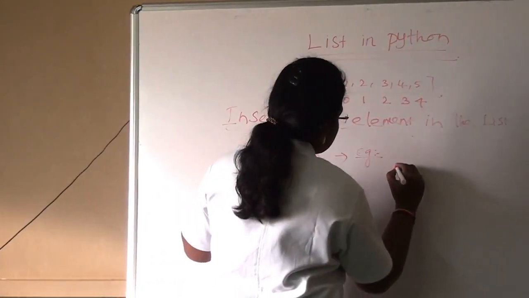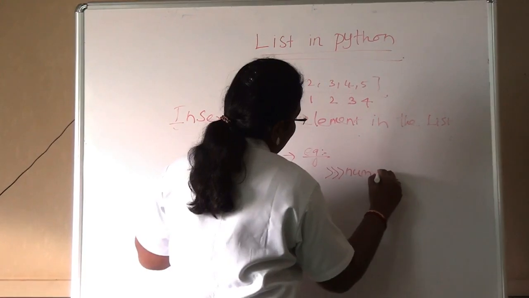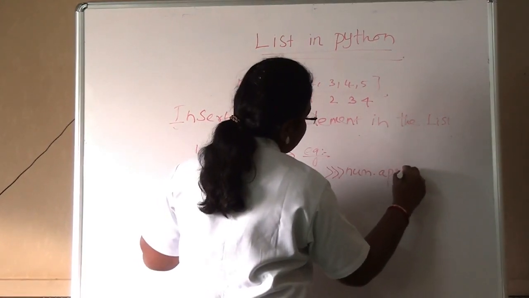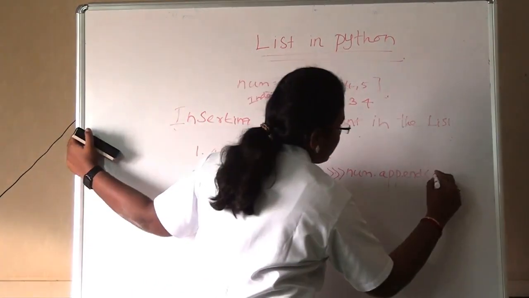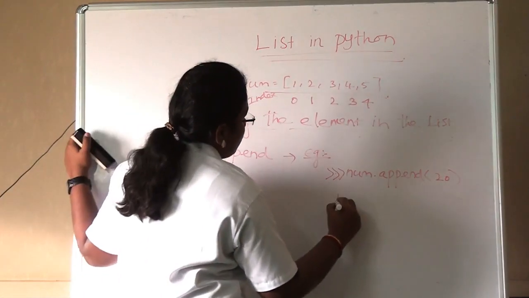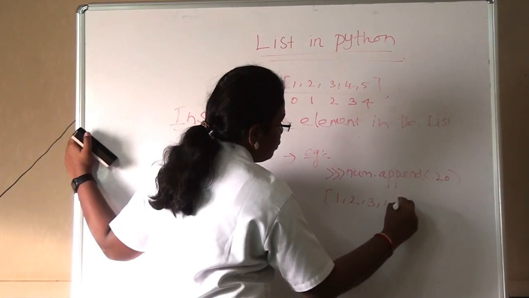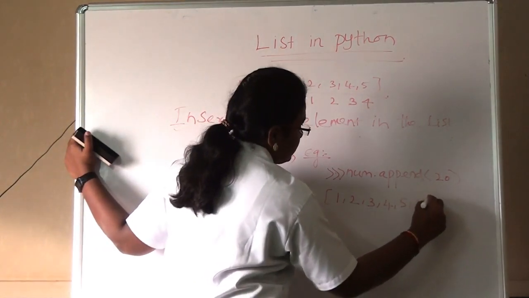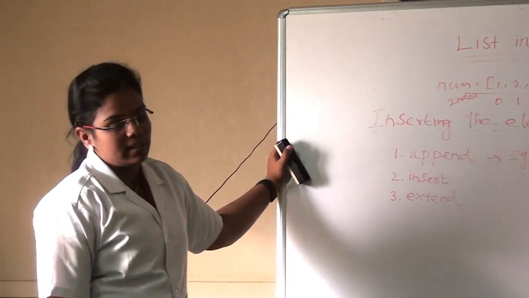The command is num dot append of the value I can specify. For example, 20. The answer is 1, 2, 3, 4, 5, 20. This is the way of inserting the element in the list.